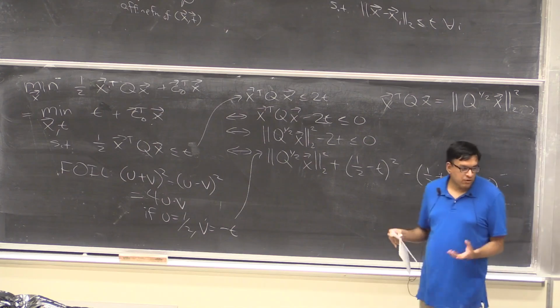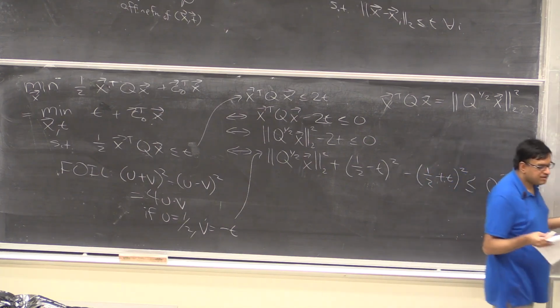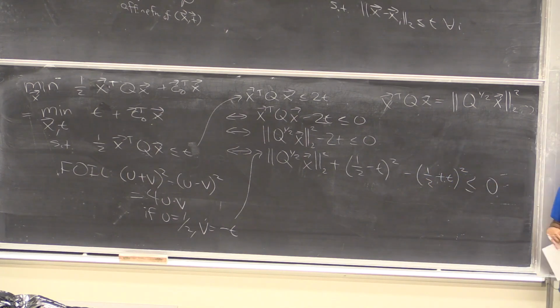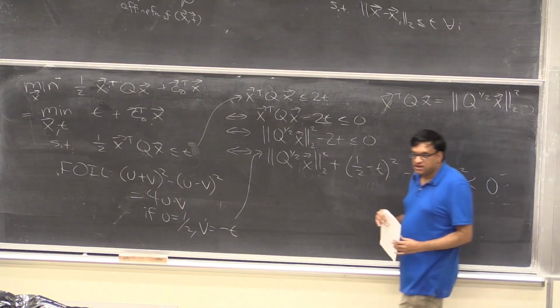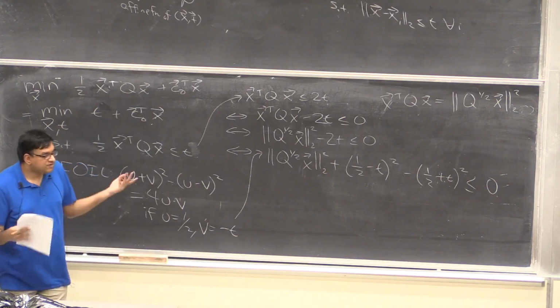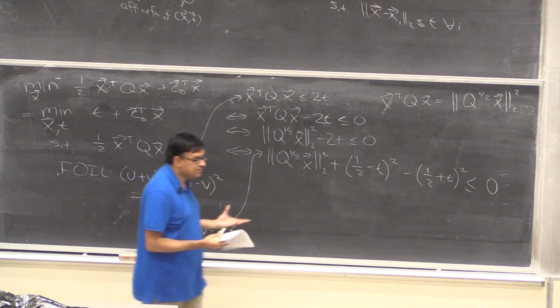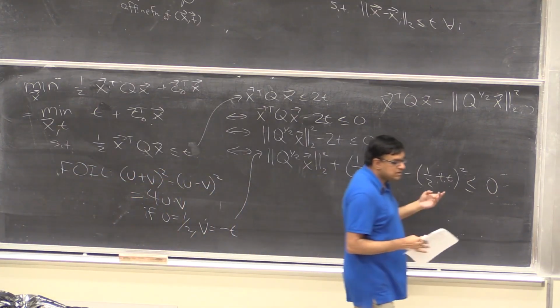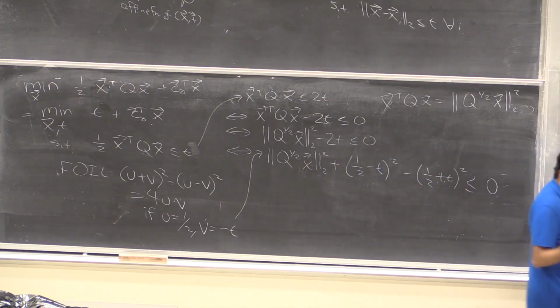In a world where we only really care about the optimizers, then it doesn't matter. By the way, that same reasoning applies to any optimization problem in general. If you don't care about the optimal value and you just care about the optimizers, then you don't need any constant terms in the objective.